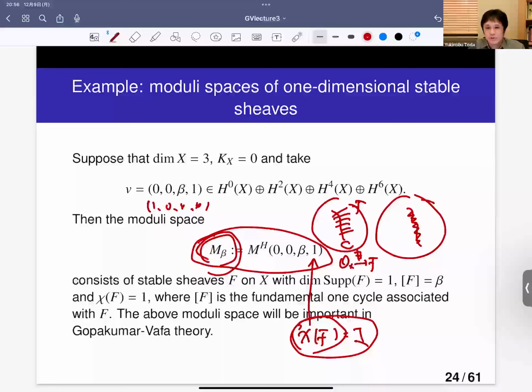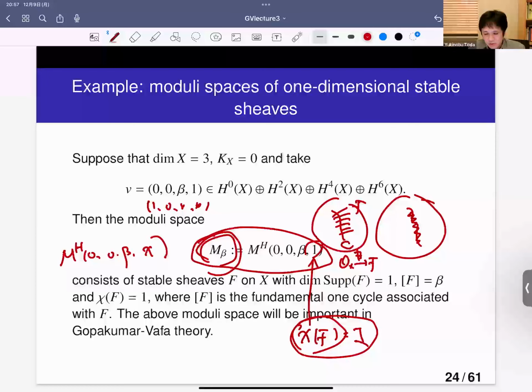Yeah, that's right. But this is very important, because from the physical point of view, there is no reason why we should take chi equal 1. And in fact, we can also consider this moduli space for other values. For example, we consider this one, let's say this is chi.